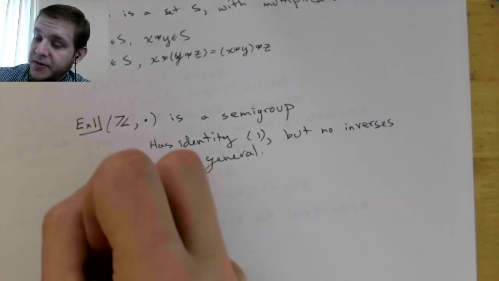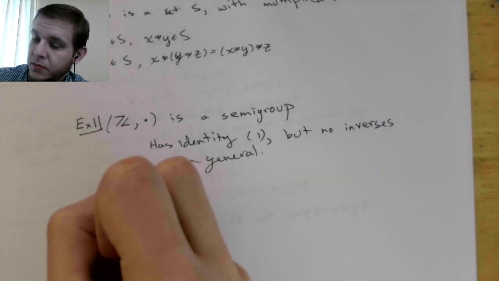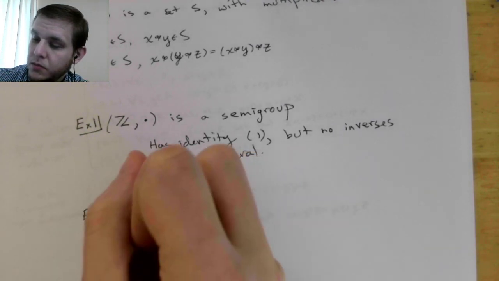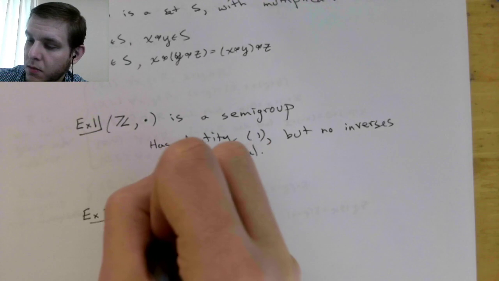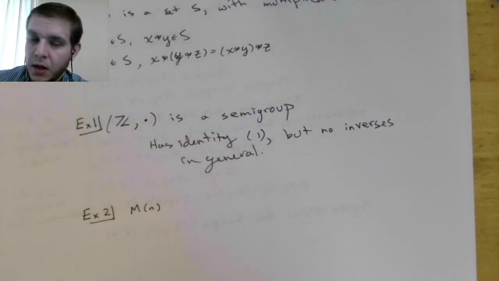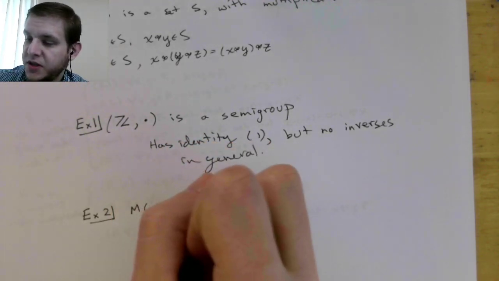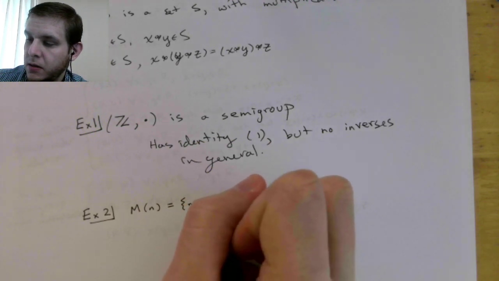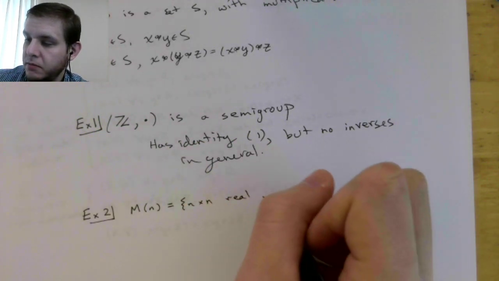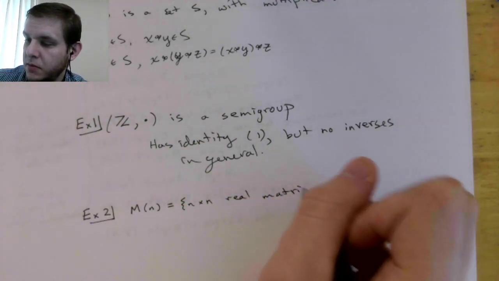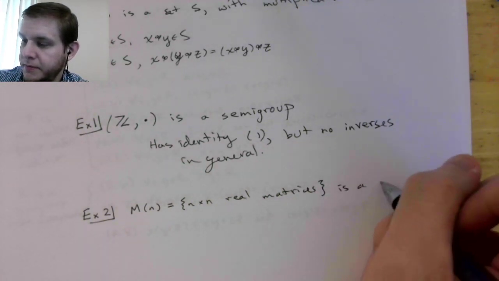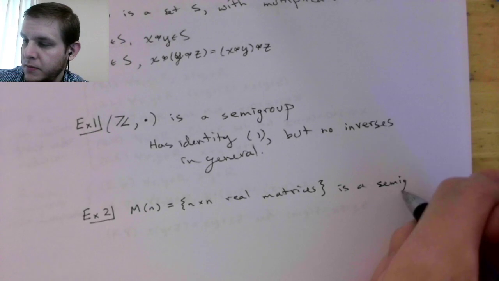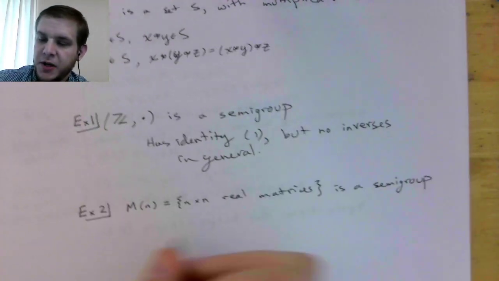What's another example of a semigroup? M of n, which is the set of n by n real matrices, is a semigroup under multiplication.